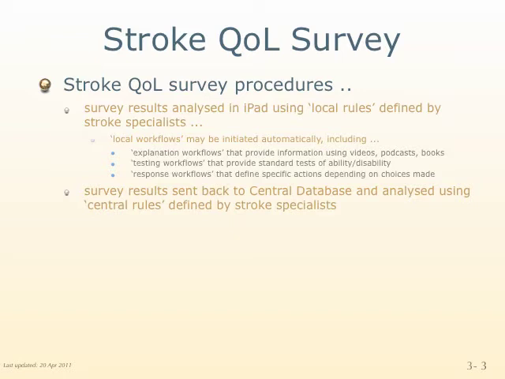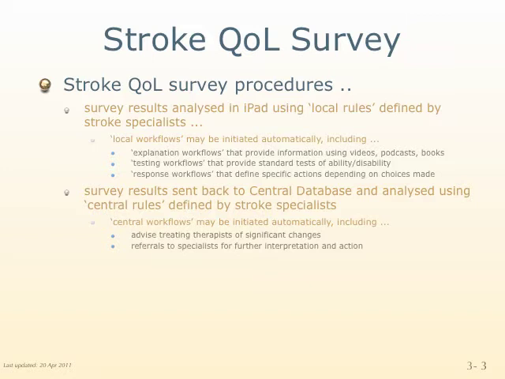These central rules could trigger central workflows, including automatically advising treating therapists of significant changes in a stroke survivor's responses, automatic referrals to stroke specialists for further interpretation of responses and appropriate actions, the suggestion of changes in therapies or therapists based on accumulated knowledge stored in the stroke recovery database, or the suggestion of the need for therapist appointments or video calls.